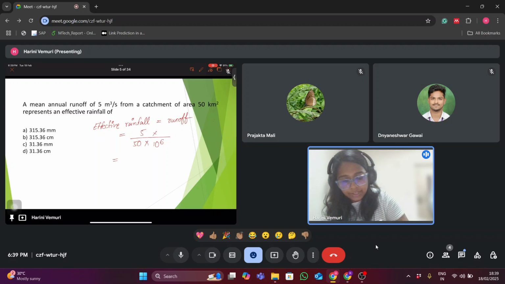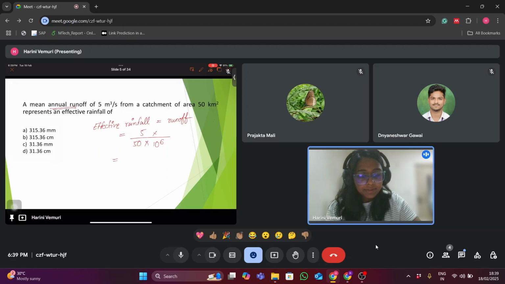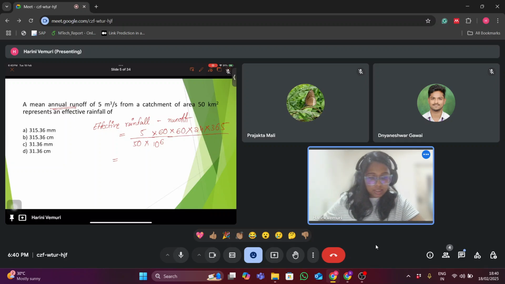Since it's an annual runoff, we have to multiply with time. Since it's in seconds, to convert it into minutes, first we will multiply by 60. Then to convert into hours, 60, and 24 hours in a day. And then suppose we have 365 days in a year. So then now we will have units in meters.